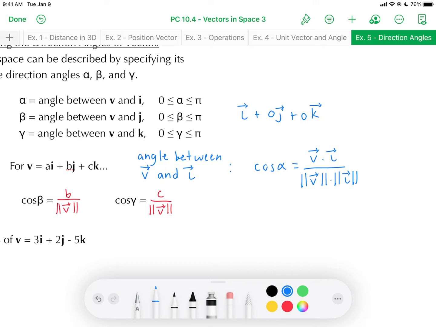Okay, well, the dot product of vector v and vector i is going to be a times 1 plus b times 0 plus c times 0, all over, I'm going to leave that as the magnitude of vector v. And then what's the magnitude of the unit vector i?